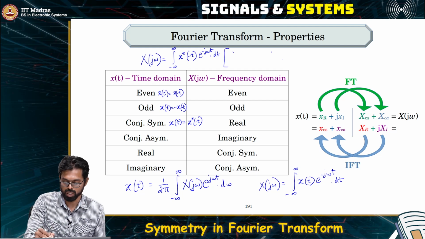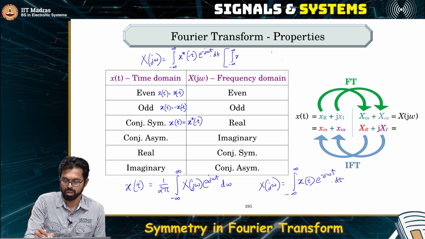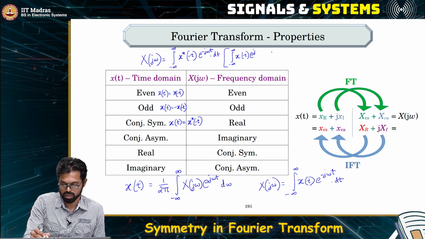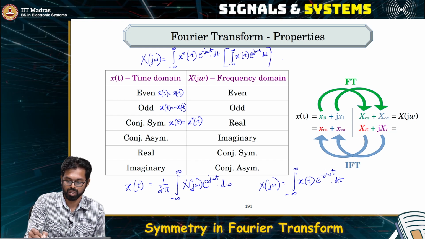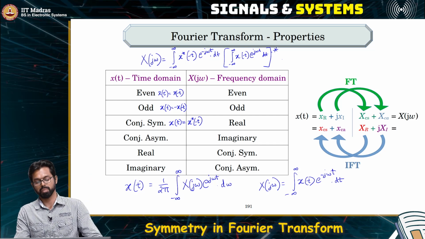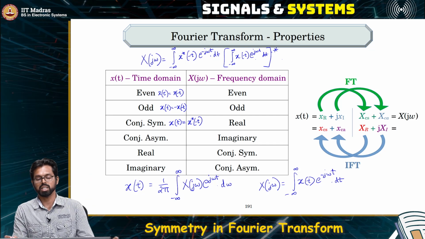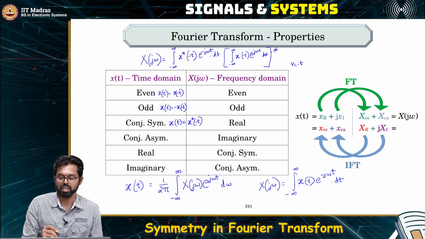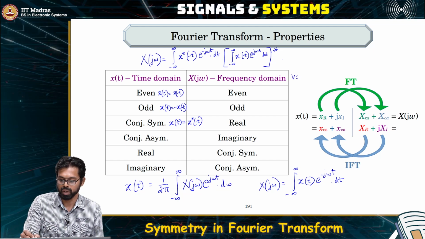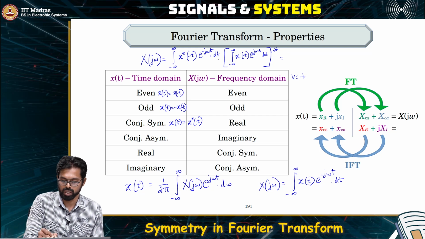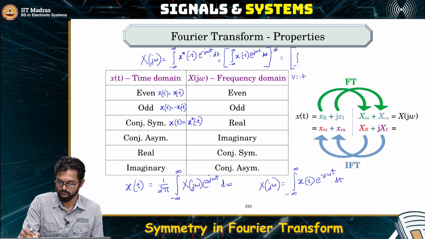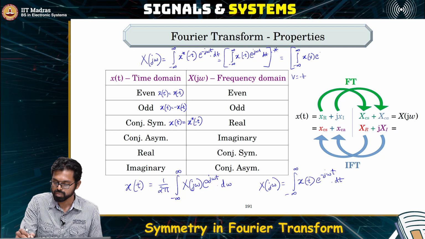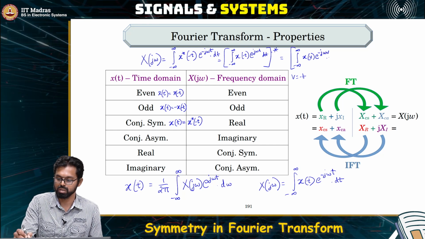So if you take this conjugate outside, then we get the integral of x of minus t times e power j omega t dt, the whole conjugate. Okay, because the conjugate of e power minus j omega t is e power j omega t. Now do the same substitution again. Let us say v is equal to minus t. If we say v is equal to minus t, then we have this whole thing to be equal to the integral from minus infinity to infinity of x of v e power minus j omega v dv.